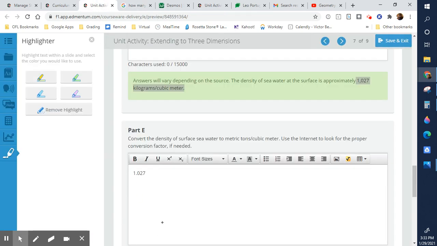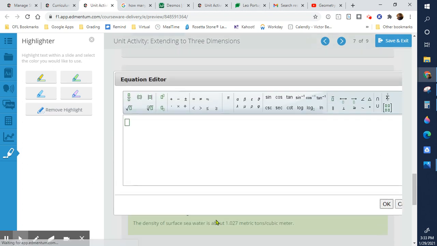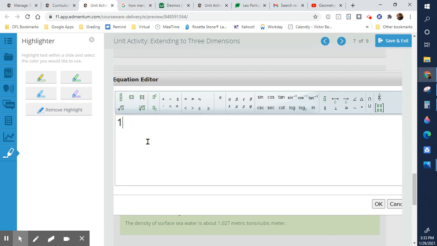So we're going to take this number. Let me delete this. Go to my equation editor. We're going to take this number, whatever we got, and we're going to divide it by 1,000. And the reason for this is if there's 1,000 kilograms in a metric ton, then metric ton should be this.